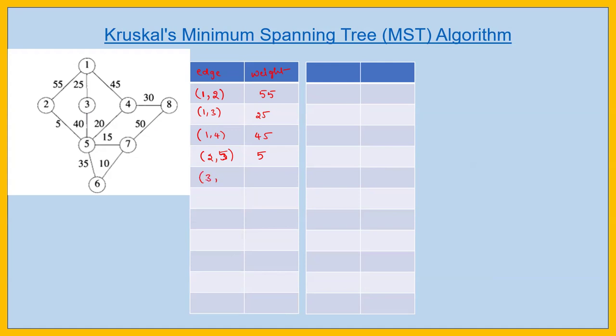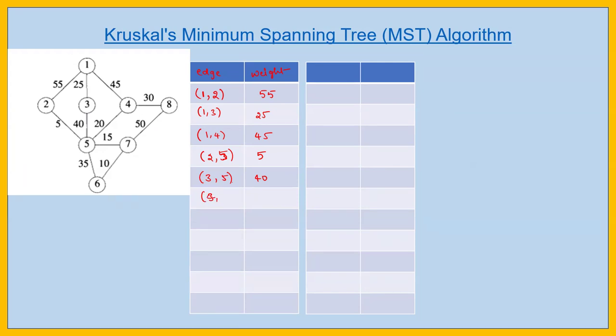Next, I will go for 3. 3 to 1 is there, but I won't include this one. 3 to 2, no edge. 3 to 3, no edge. 3 to 4, no edge. 3 to 5, we have an edge whose weight is 40. Next, 3 to 6, we do not have an edge. 3 to 7, 3 to 8, 3 to 9, we do not have.